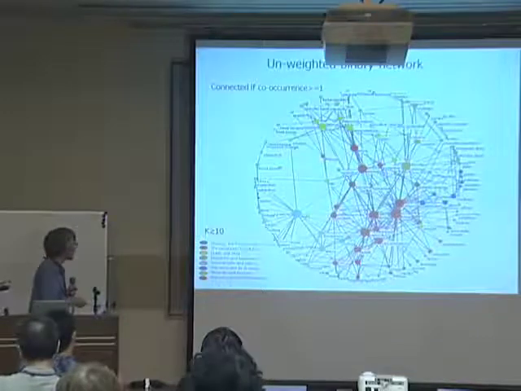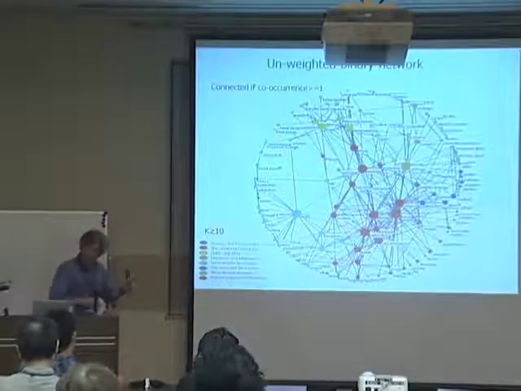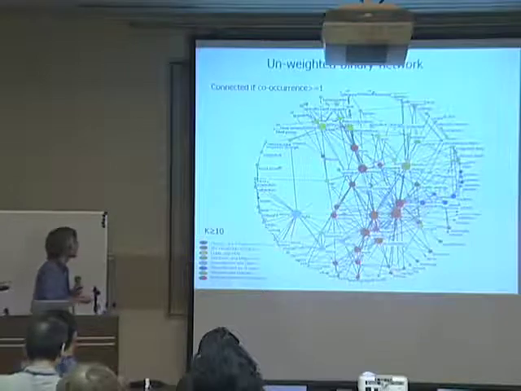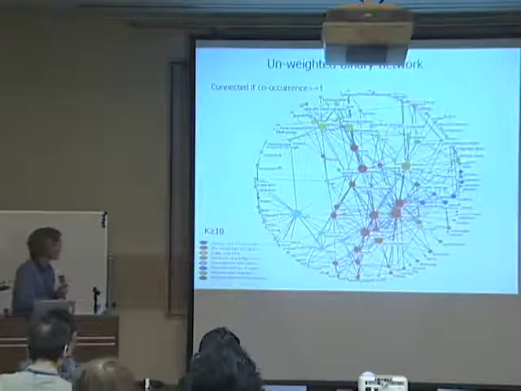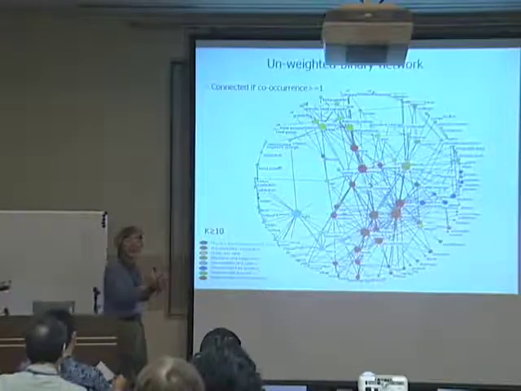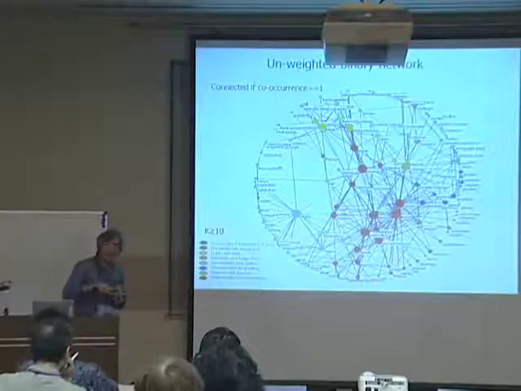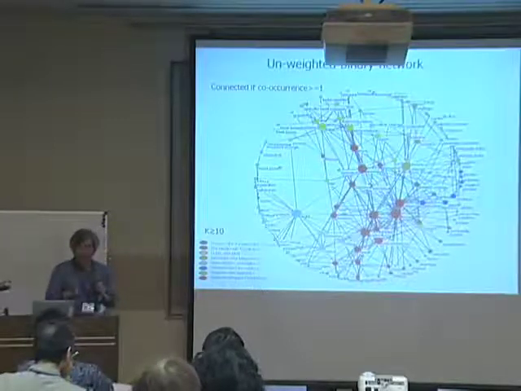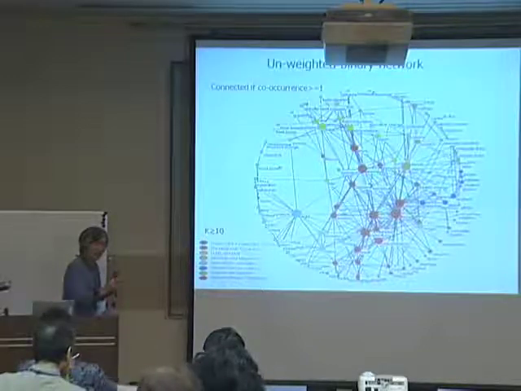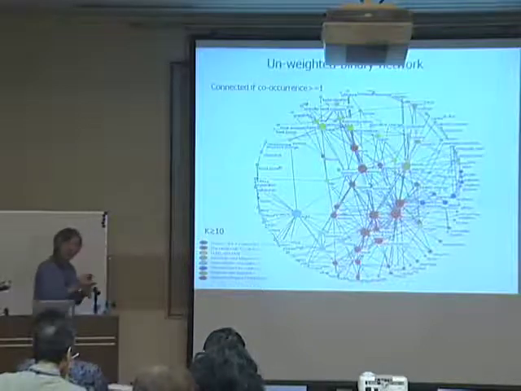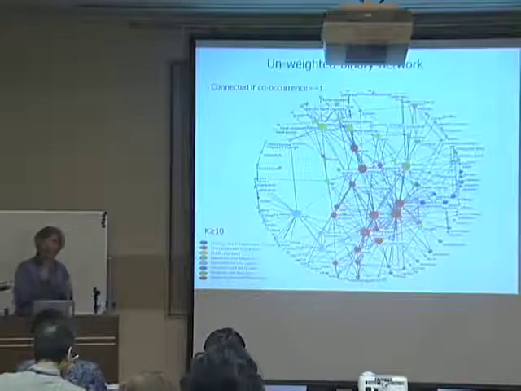For example, the red one represents mechanics, this part represents wave optics, and this part represents electromagnetism. This kind of construction is very nice, and we can see it is quite meaningful.